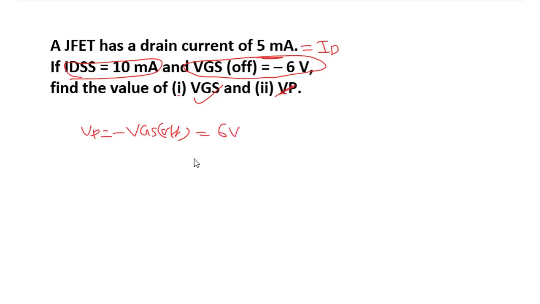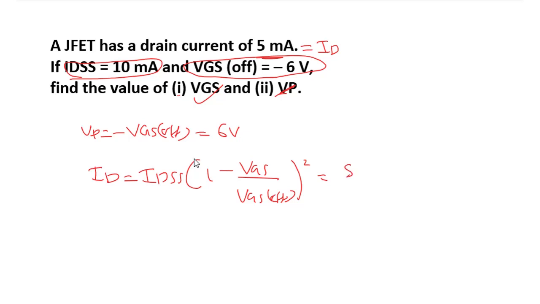Now what is VGS? How to get the value? We know that ID is equal to IDSS into 1 minus VGS by VGS off, whole square. Now you have to substitute the values. 5 milliampere is equal to 10 milliampere into 1 minus VGS by minus 6 volt, whole square.